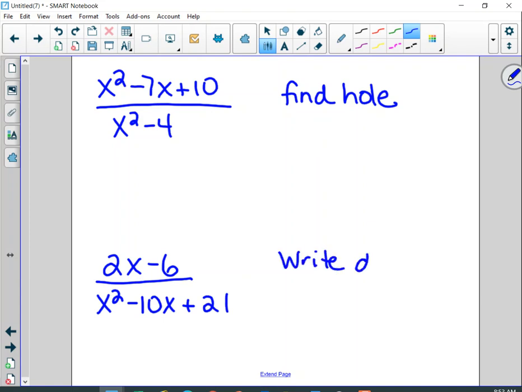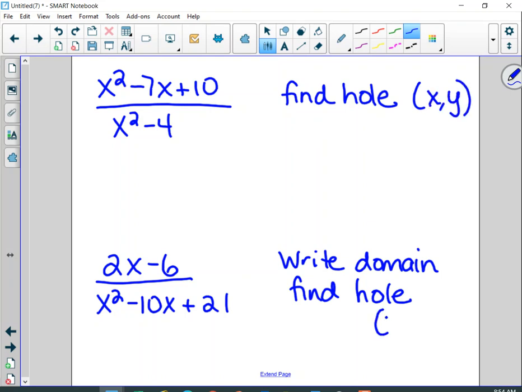Write the domain. Find the hole. And when I say I want you to find the hole, that means you're going through the whole thing where you're going to figure out the x value of the hole, you're going to make a new function, and then you're going to find the y value of the hole.